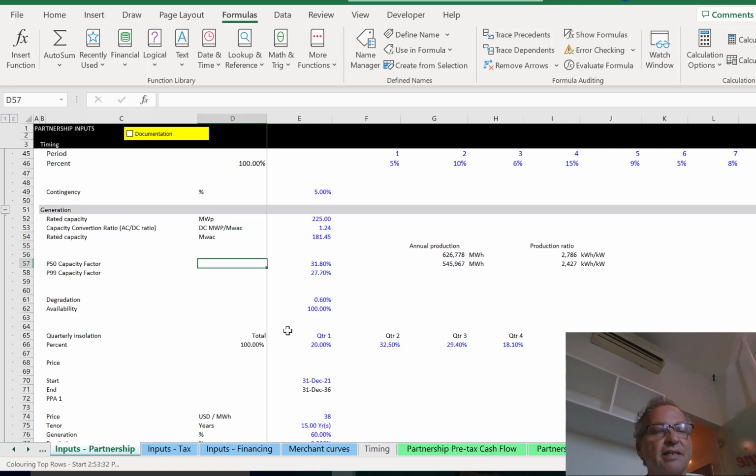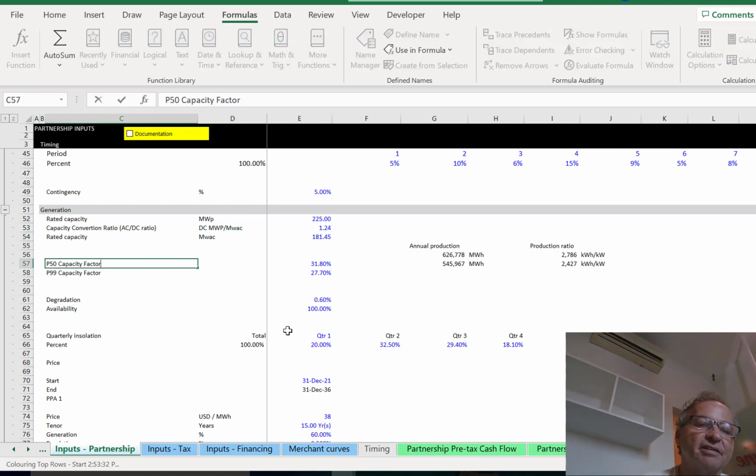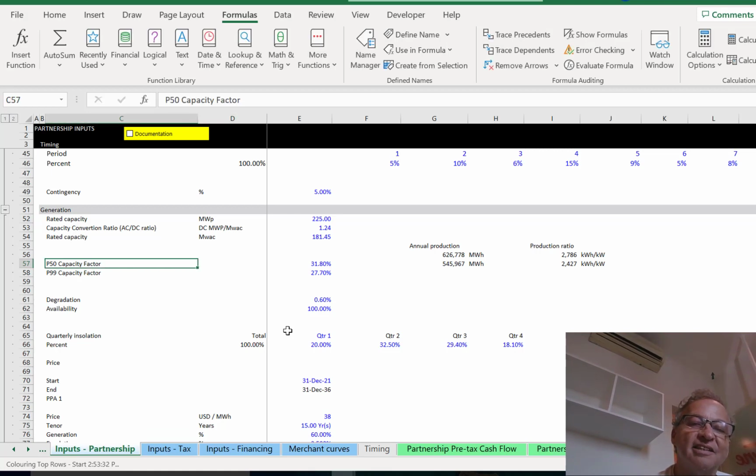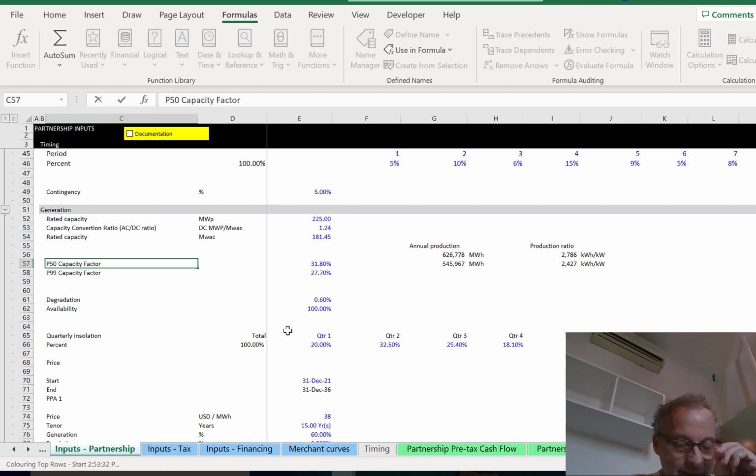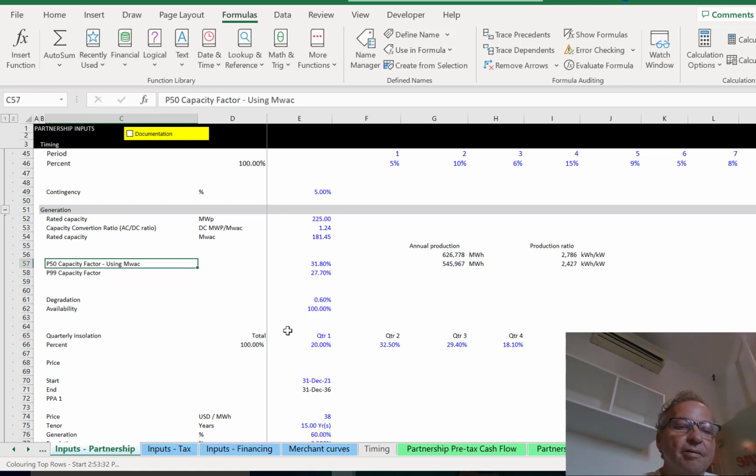181 of capacity, and then we put this capacity factor, and we better be clear, he didn't tell you that the capacity factor is using MWAC, not MW.